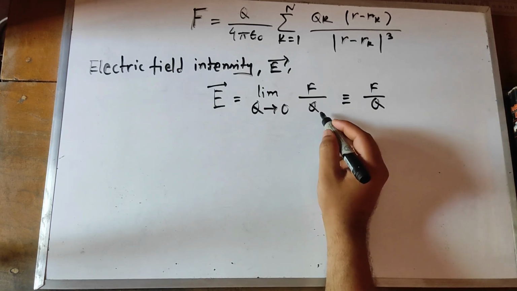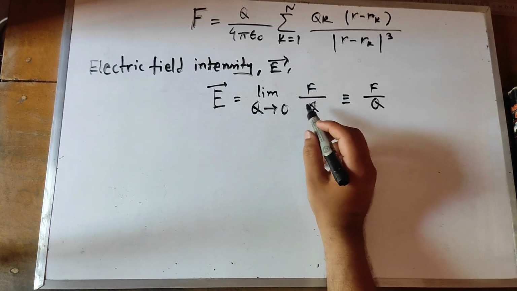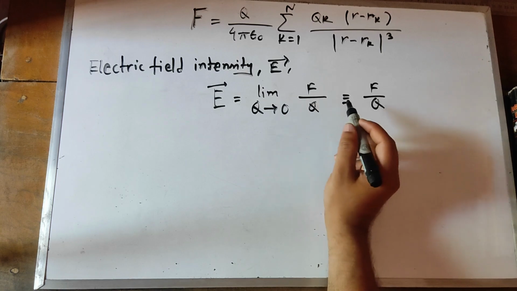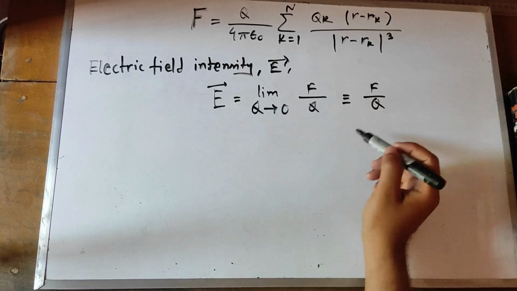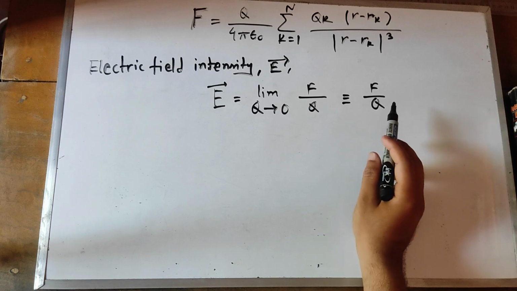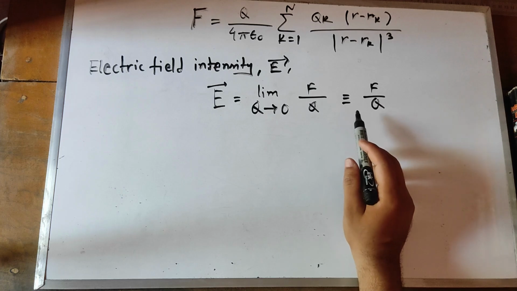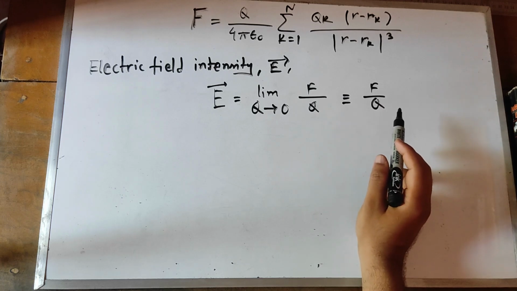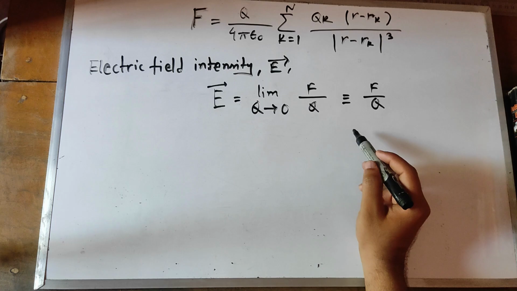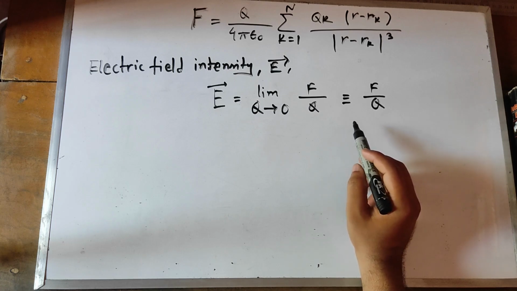So force per charge, as the quantity of charge tends to 0. This is the actual description of electric field intensity, and that's how we define an electrostatic field in time and space.